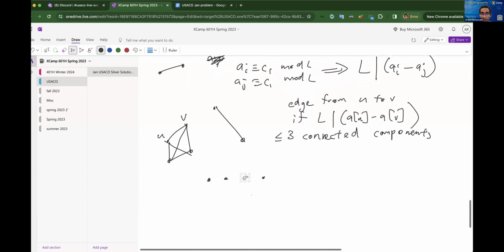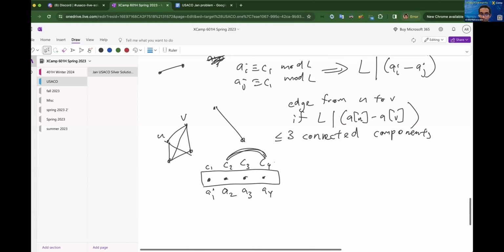There's something called the pigeonhole principle. You might have heard of this: if you have k minus 1 pigeons in k holes, then there exists a hole with more than 1 pigeon. So if you consider the first 4 elements, A1, A2, A3, A4, and assume they're distinct, each will be in some component, C1, C2, C3, with up to 3 components. So there exist 2 elements in the same component.